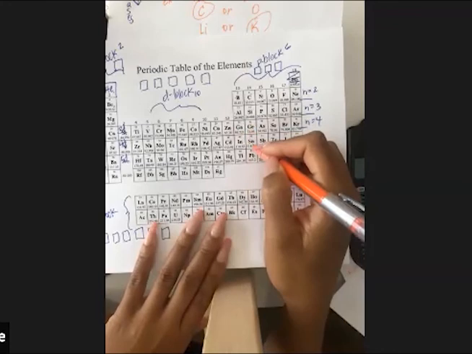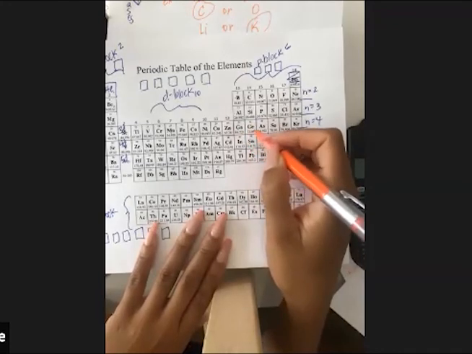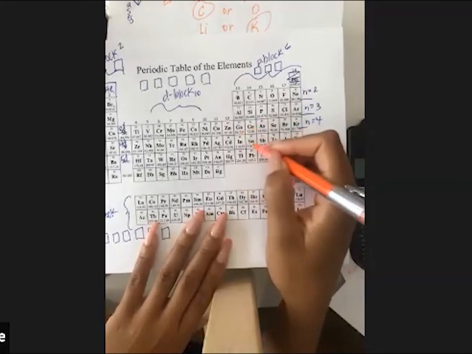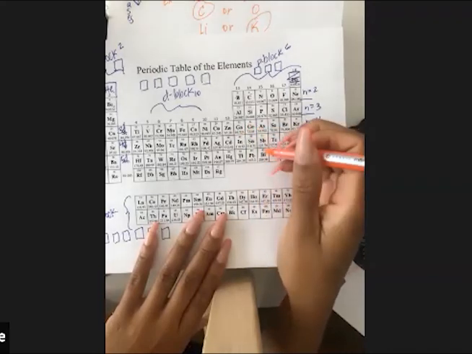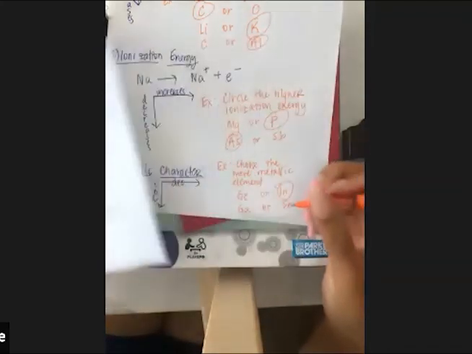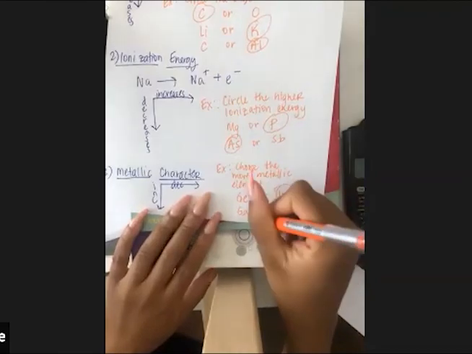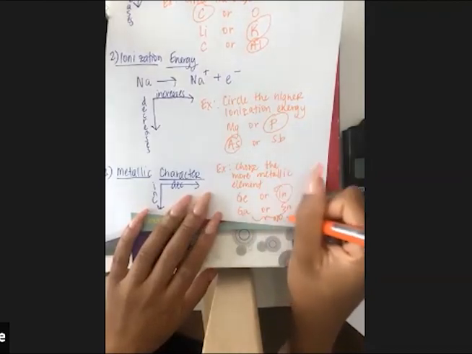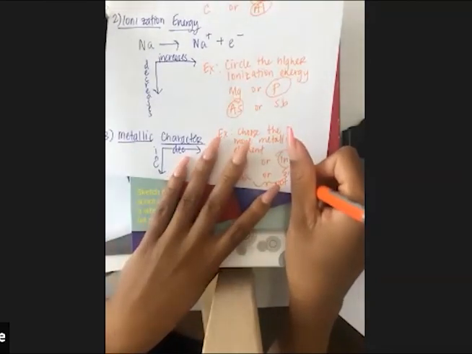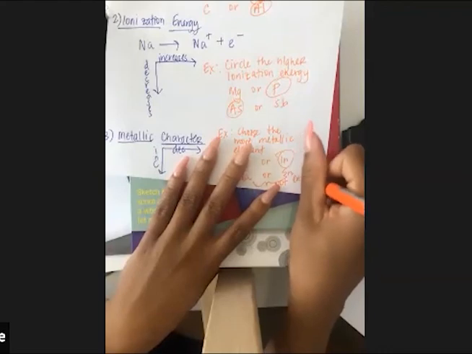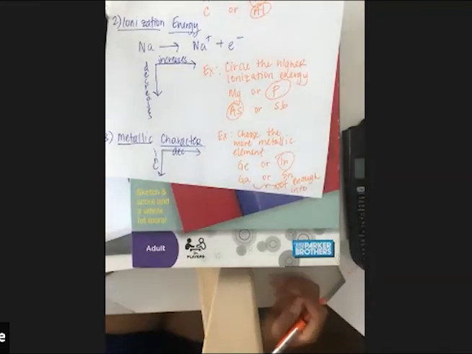Then as you go down, it's going to increase. So if one increases and the other decreases, that's going to cancel each other out. So yeah, there's not enough information for this one. You guys see what I mean?